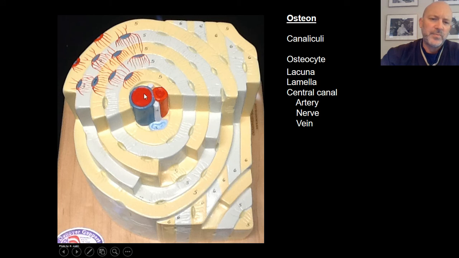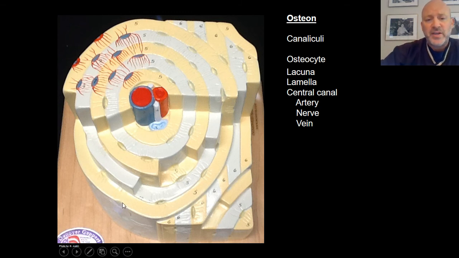But starting from the middle, if we were to count the layers, I would see one lamella, two lamella, three, four, five. So this system has about 5 rings associated. These are called concentric lamella. Not all the lamella are concentric lamella. Some of it are circumferential lamella, meaning that it kind of goes around the outside.